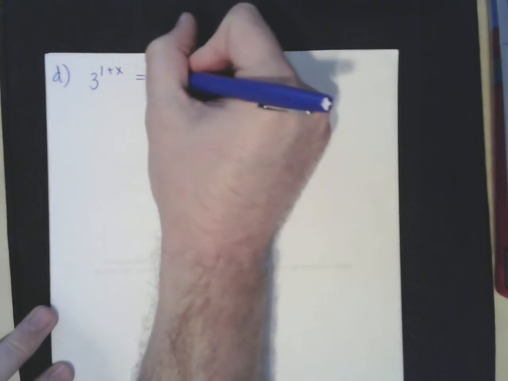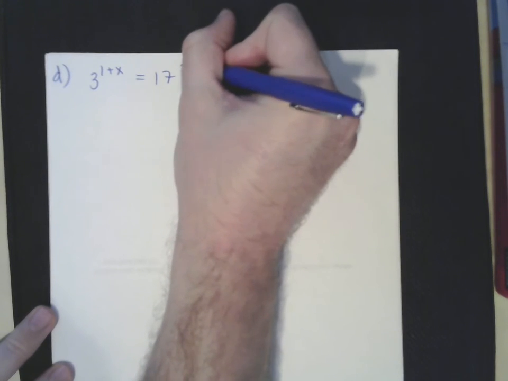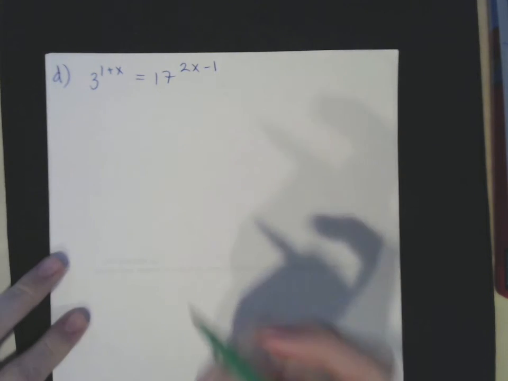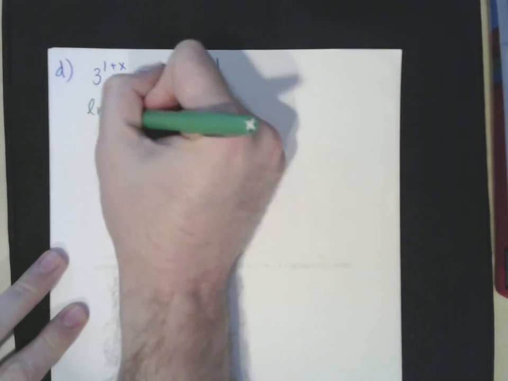So our next example is going to be leaning more into the exponentials. So let's say we have 3 to the 1 plus x equals 17 to the 2x minus 1. So there are a lot of ways we can take this. My personal preference is to use natural log just because it's what I'm used to. So we take the natural log of both sides.